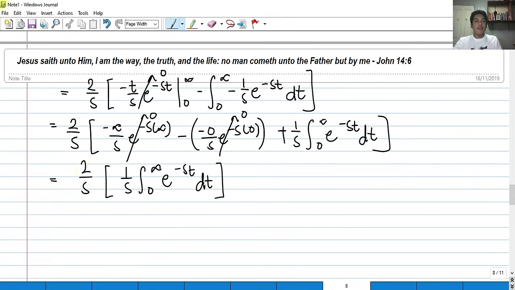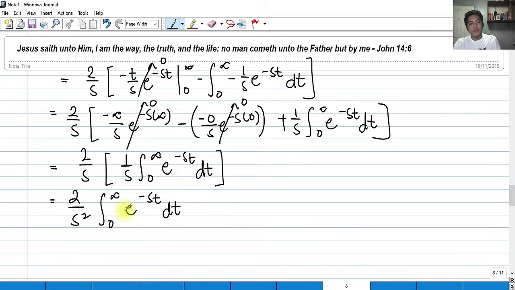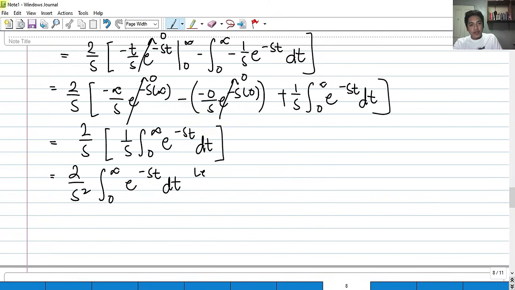So I can distribute this inside. So we have 2 over s squared of the integral from 0 to infinity of e raised to negative st dt. And again, if we integrate this, we have to let u is equal to negative st, du is negative s dt, and the dt now is equal to du over negative s.